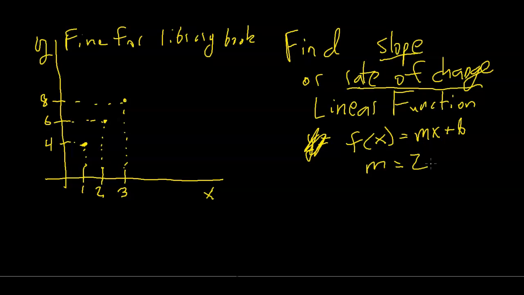But what if we weren't given these amounts? Let me erase some stuff. Let's say we were only given the fact that the first day the fine was 4, and we weren't told what the next fine would be up until day 5.